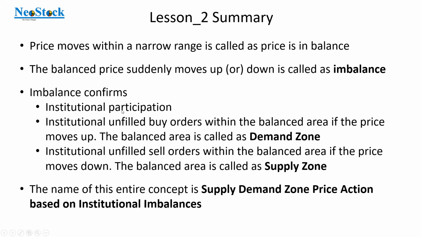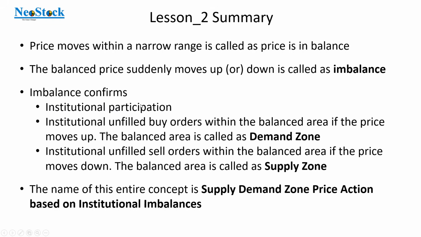And because institutional participation is there, either demand exceeds the supply or supply exceeds the demand, depending on the price move. Upside means demand exceeds the supply; downside means supply exceeds the demand. That is mainly because of institutional participation.